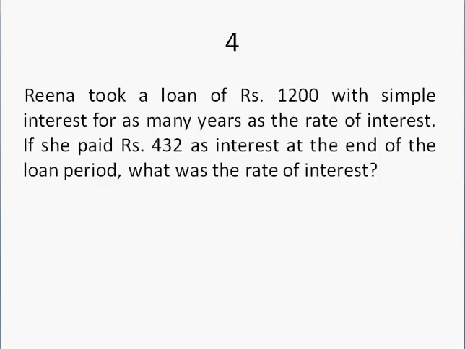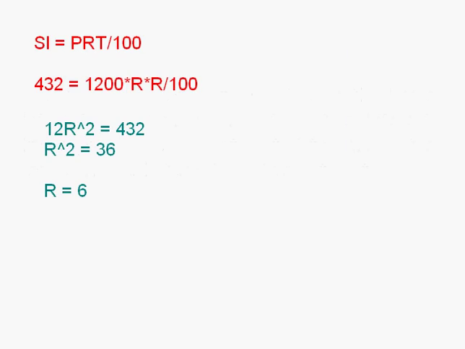So we'll quickly go through this question once again. Reena took a loan of rupees 1200 with simple interest for as many years as the rate of interest. If she paid rupees 432 as interest at the end of the loan period, what was the rate of interest? We need to find out the rate of interest. So simple interest is equal to PRT upon 100.